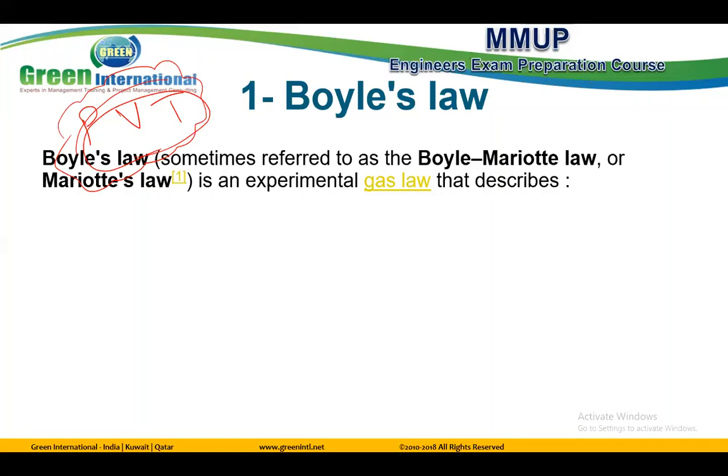For Boyle's law, we mainly focus on two parameters together: what happens between two parameters when the third one is constant. This is the approach for all three laws. We fix one constant and check the relation between the other two variables.